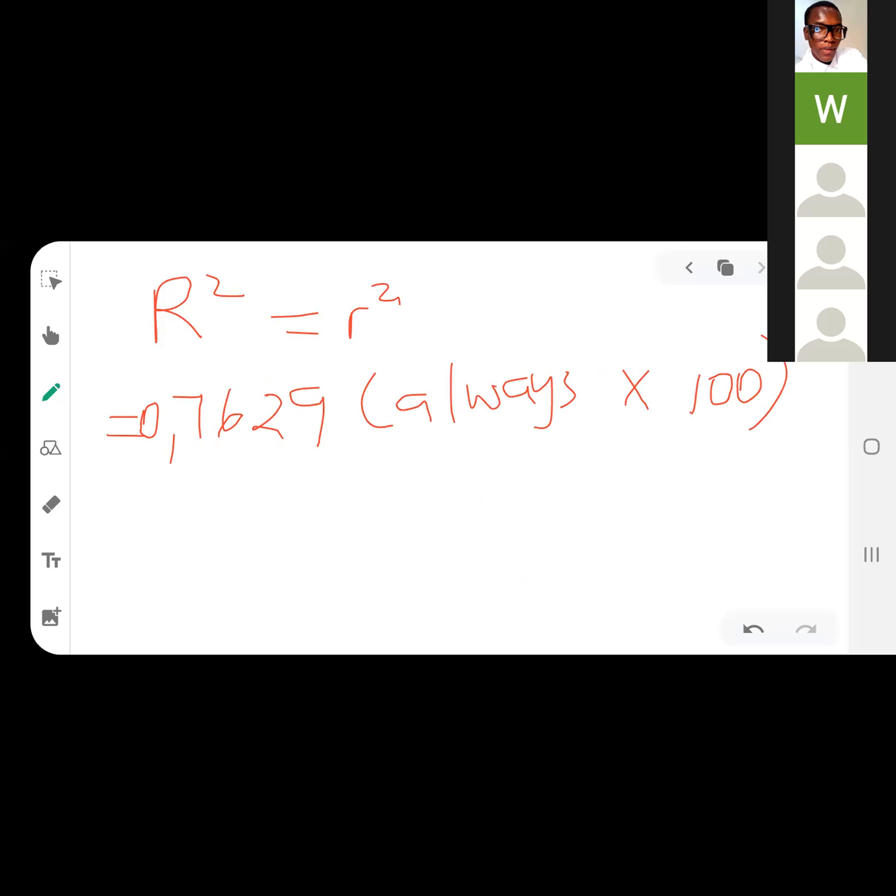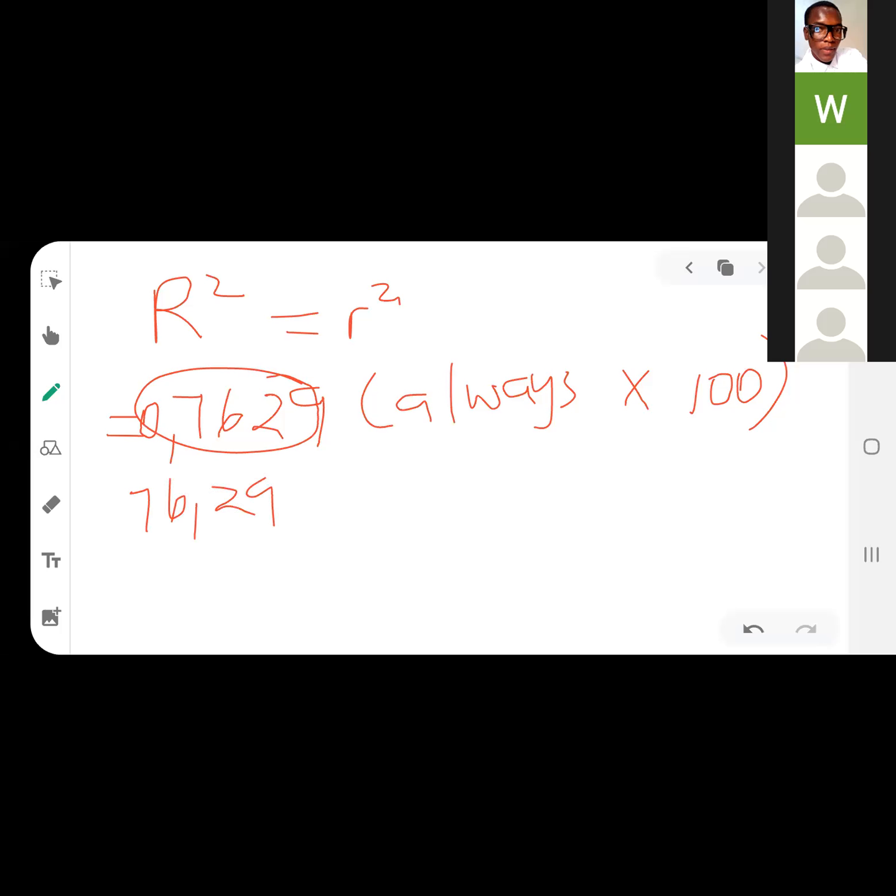R squared is interpreted using a percentage because its definition says it is the percentage in the total variation in the dependent variable that is explained by the variation in the independent variable. So if you multiply this by 100, you will get 76.29.